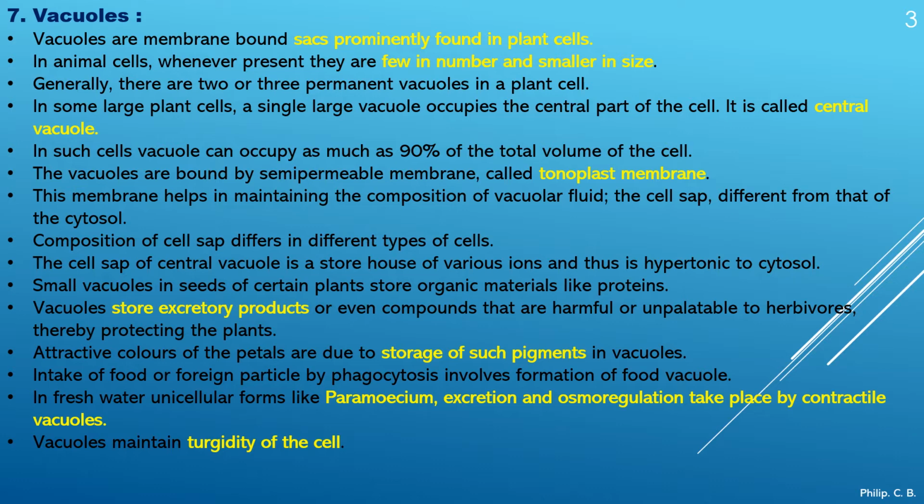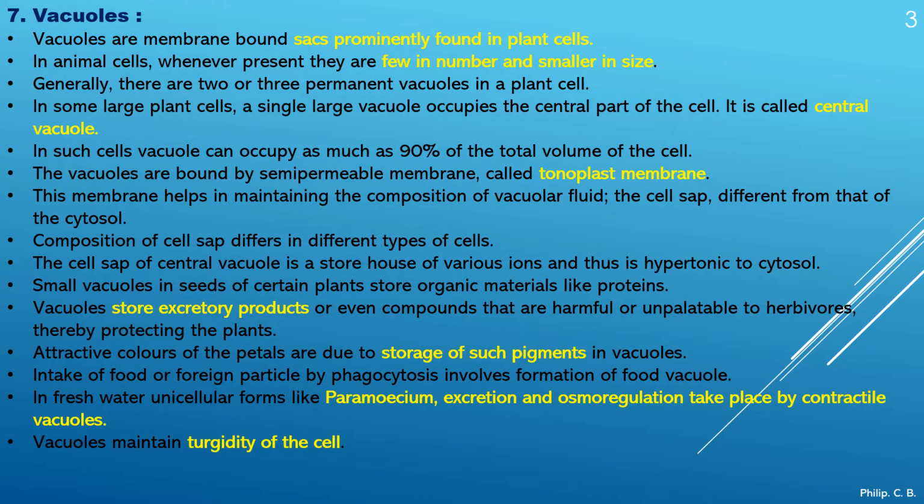Okay, further, the vacuoles are bound by a semi-permeable membrane called the tonoplast membrane. This membrane helps in maintaining the composition of vacuolar fluid, the cell sap, different from that of the cytosol.